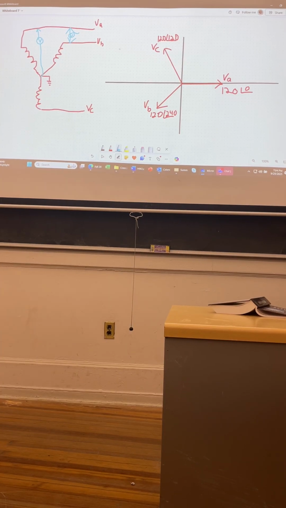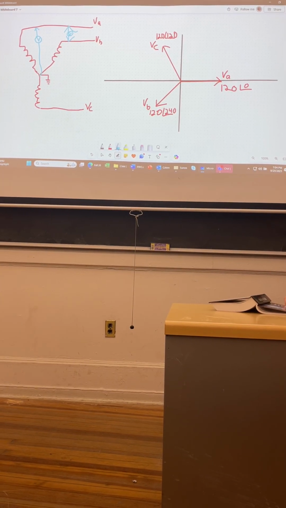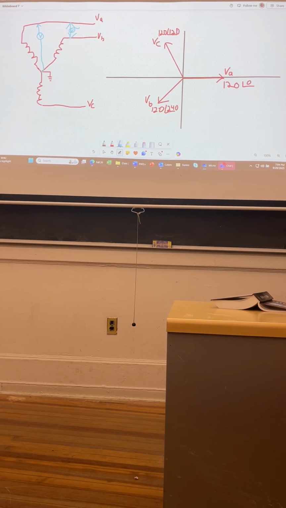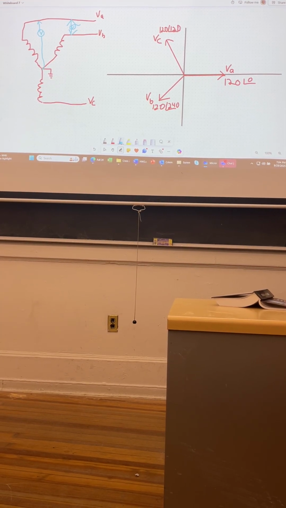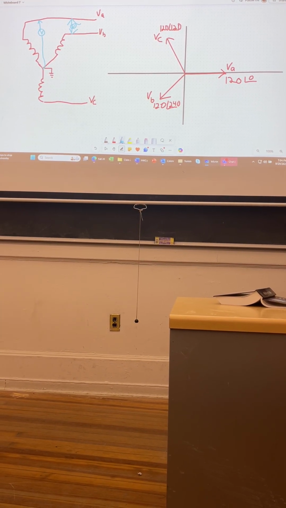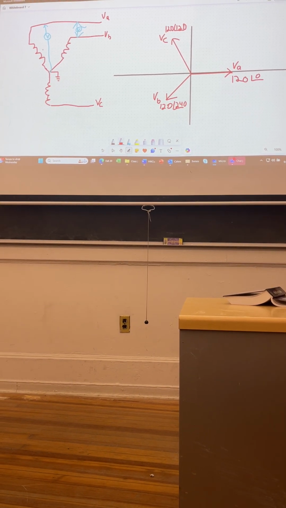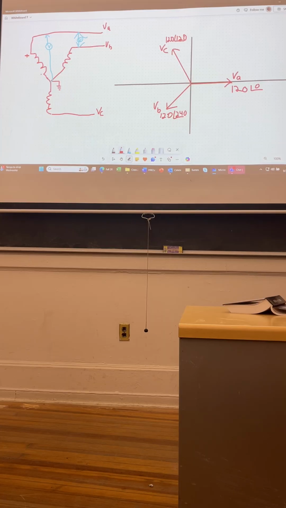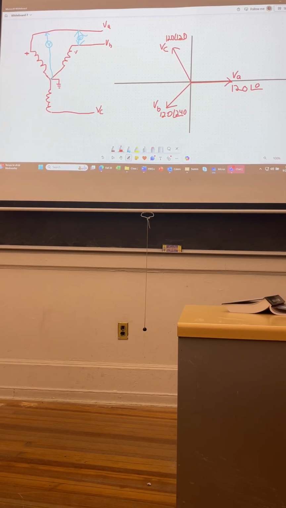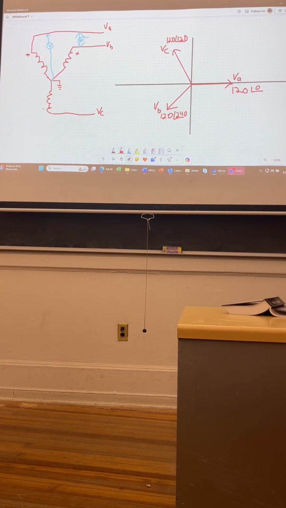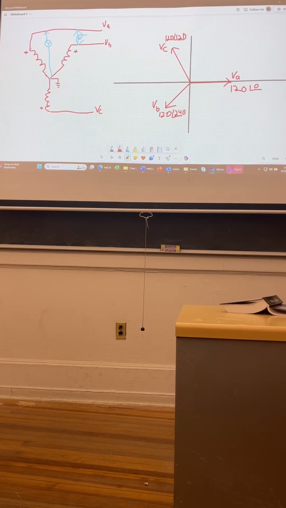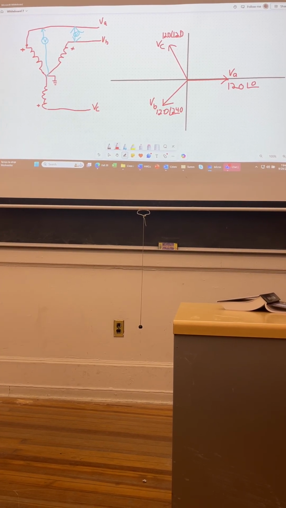So what are we measuring, right? We're measuring essentially VA minus VB, right? You think about it, so this is where the polarity stuff comes in. This is the polarity of this winding, this is the polarity of this winding, and this is the polarity of this winding, where you draw a little dot. Usually the dot is the way you do it.